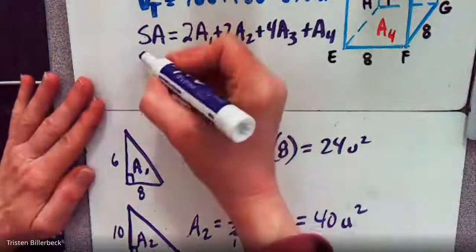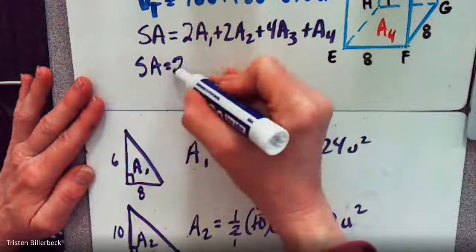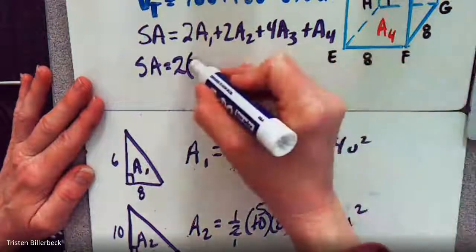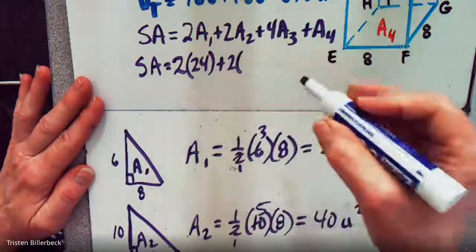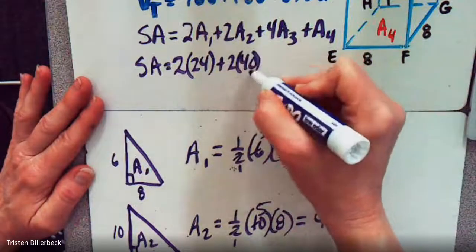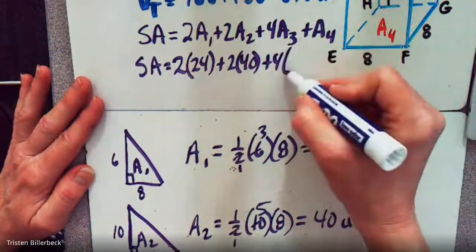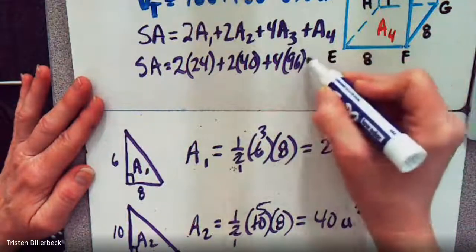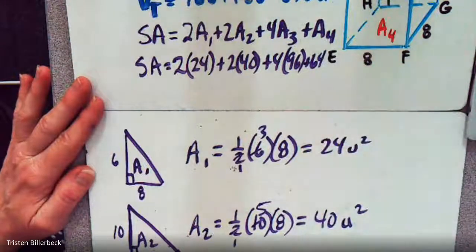Okay, so we have the surface area then equals 2 times A1, which is 24, plus 2 times A2, which is 40, plus 4 times A3, which is 96, plus 64, because there's only one of those.